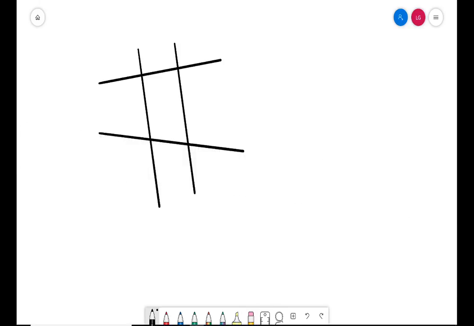Okay, and a little bit of labeling here. So angle 1, 2, 3, 4, 5, 6, 7, 8. Oops, that'll be 14.